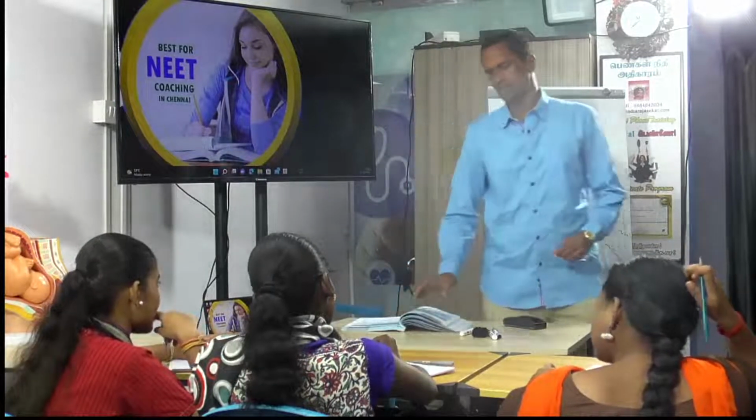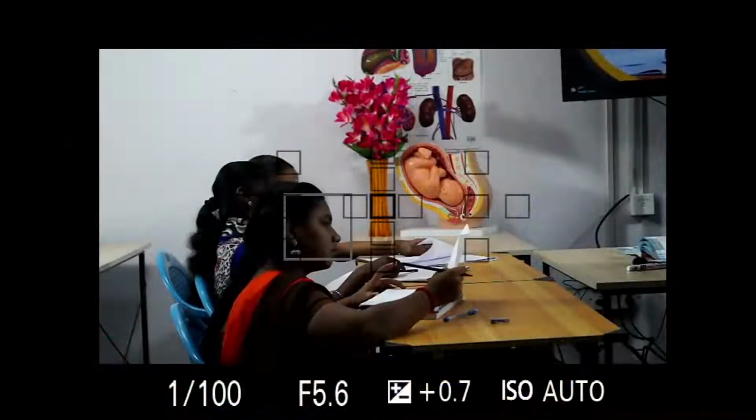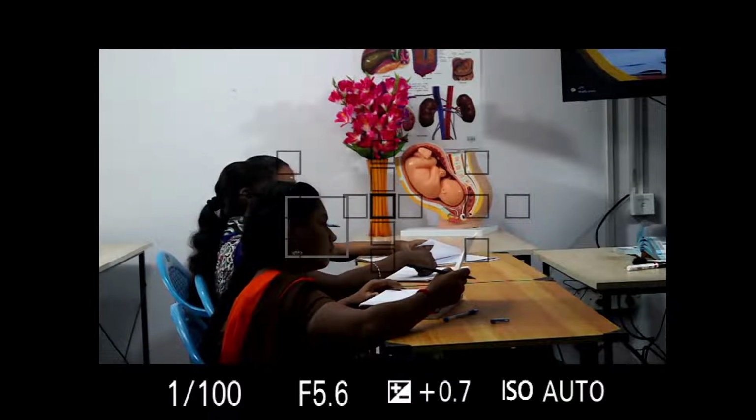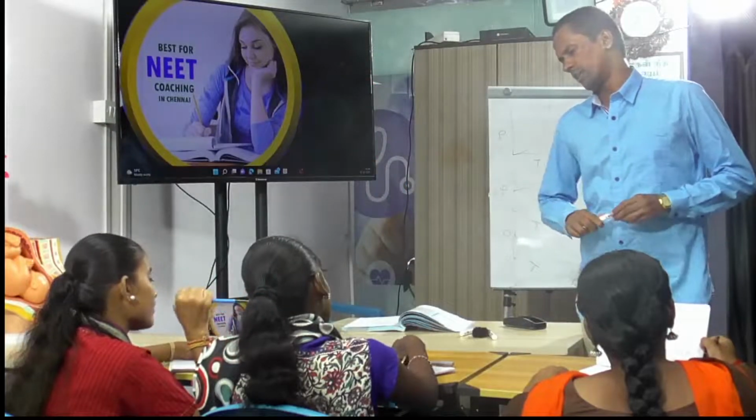Sigma is the specific conductivity. Sigma is 1 by rho, where rho is the specific resistivity.